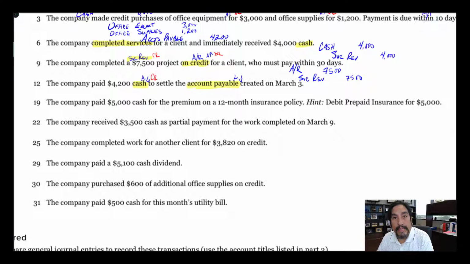We decrease liability accounts with a debit. So our journal entry is going to be a debit to accounts payable for $4,200 and a credit to cash for $4,200.